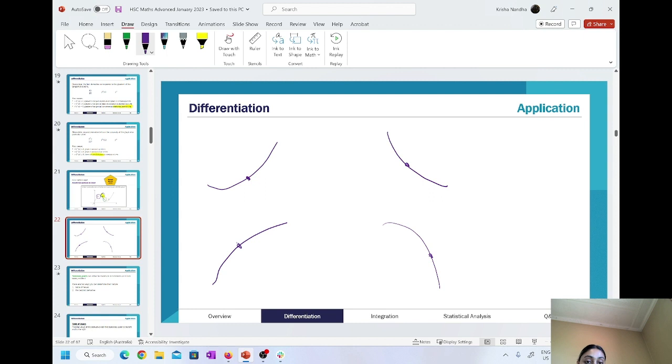Okay, so if we take a look at the actual behavior of the curve in all of these oddly shaped pieces, you can see over here that the derivative is positive, and so is the concavity because it's concave up like a cup.